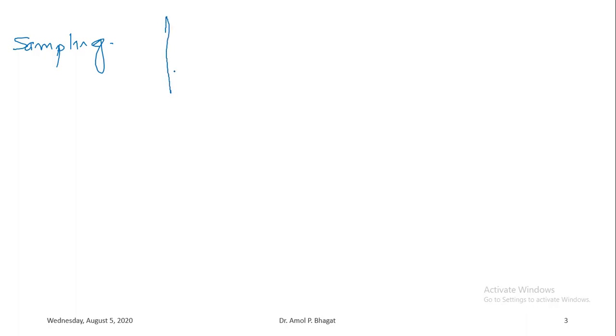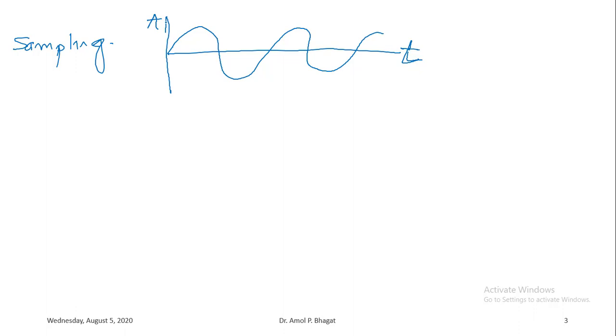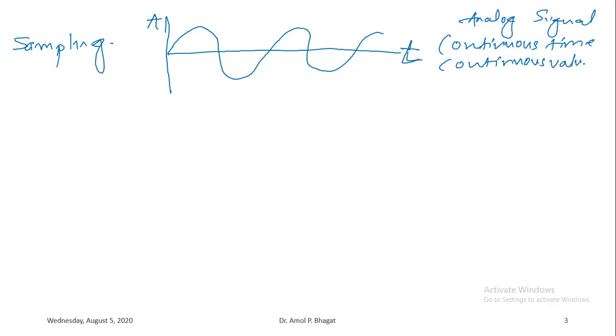If I want to represent an analog signal, for example this analog signal, which is continuous in time and continuous in value or amplitude, I will refer to this as an analog signal, a continuous time and continuous valued signal.